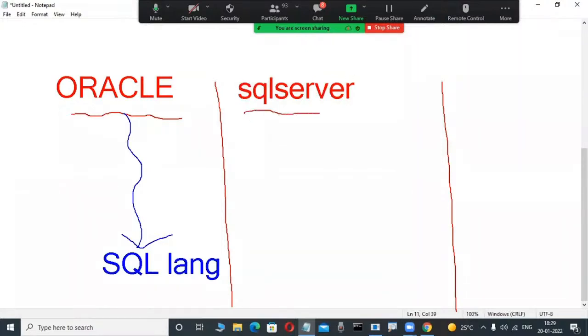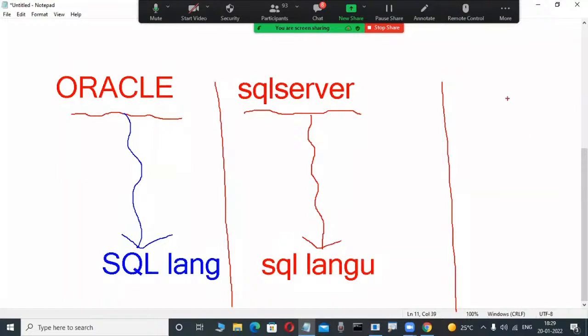Some employees work on the SQL Server product. That is also a database product, like Oracle, and to operate SQL Server they use one language only. What is that language? SQL is a language. Again, so many people in my company use MySQL, which is also a relational database product.